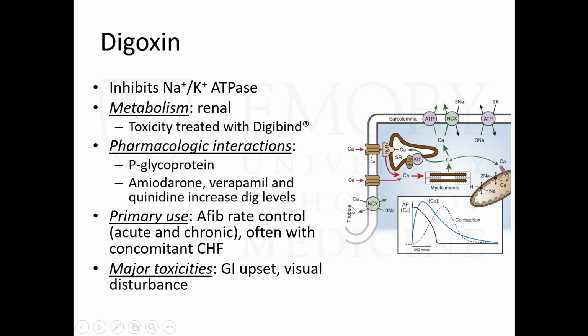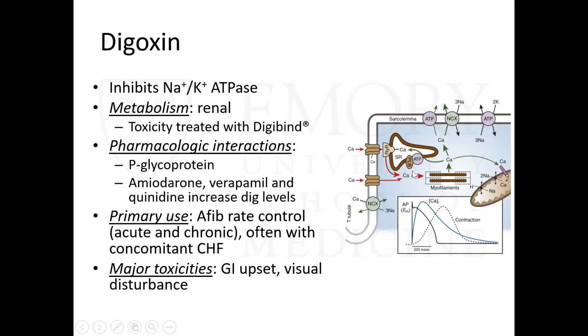And if you pump excess sodium out of the cell, you actually end up pumping calcium into the cell. People used to use digoxin as a bit of an inotrope because the thought was that it enhanced cardiac contractility, and the way it did that was by creating an influx of calcium into the cell.